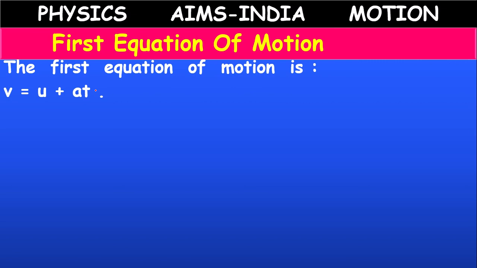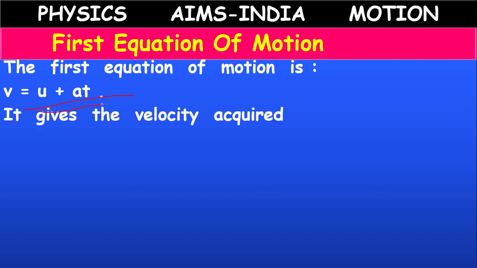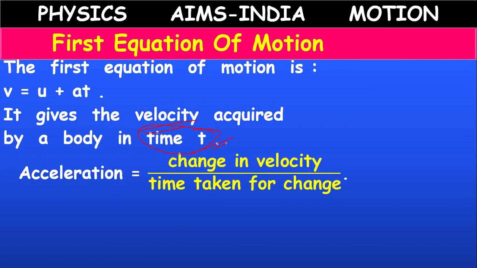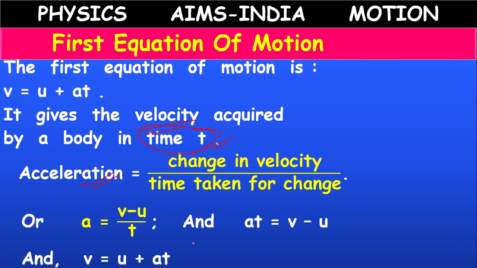So the first equation of motion is v equals u plus at. It gives the velocity acquired by a body in time t. We have derived it with the help of the acceleration formula.